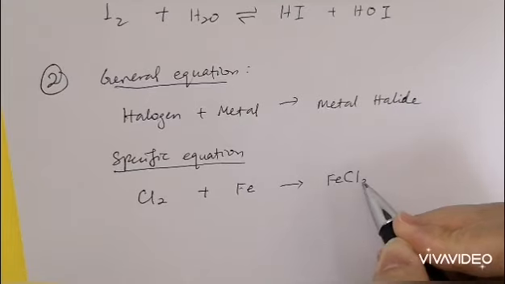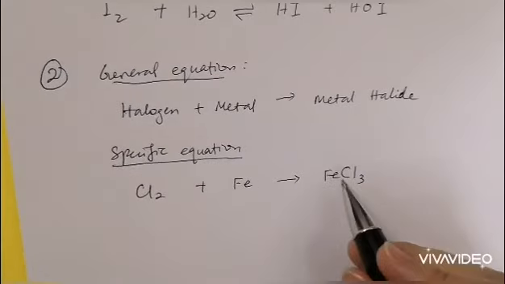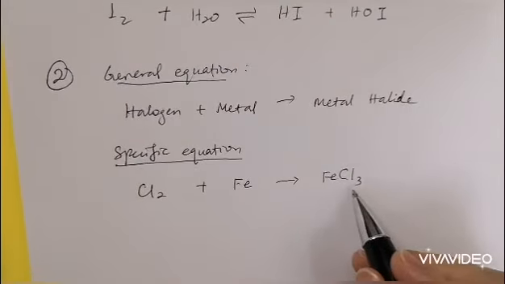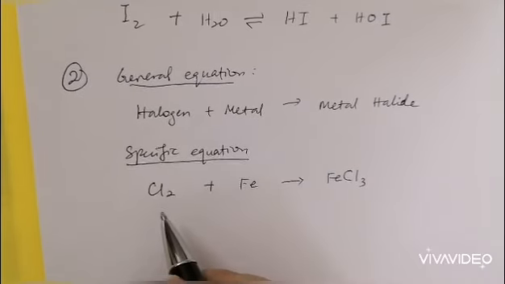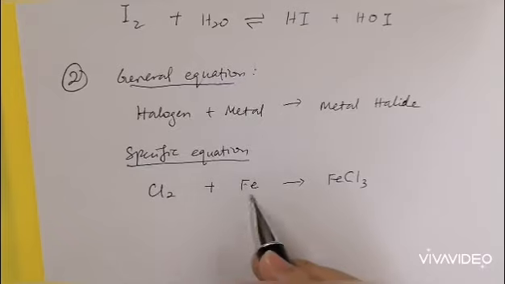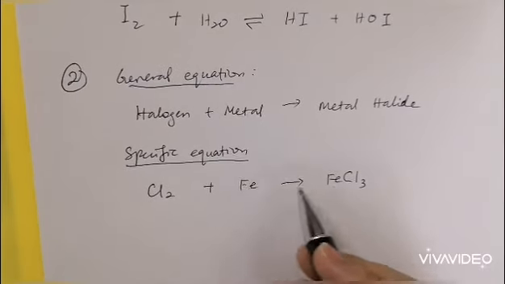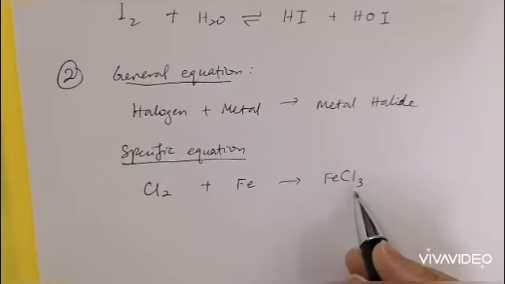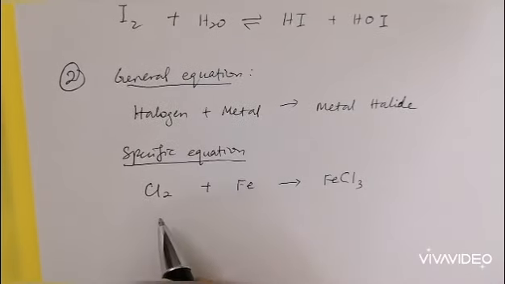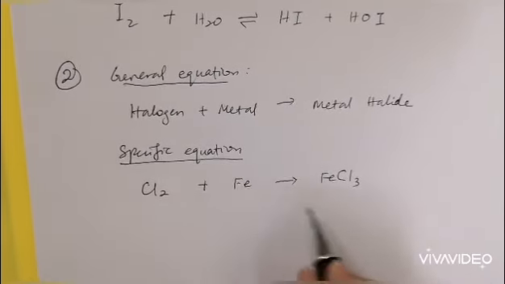So this is metal halide. In words, it will be chlorine reacts with iron to produce iron(III) chloride. But this equation is not balanced, so we need to balance the equation.